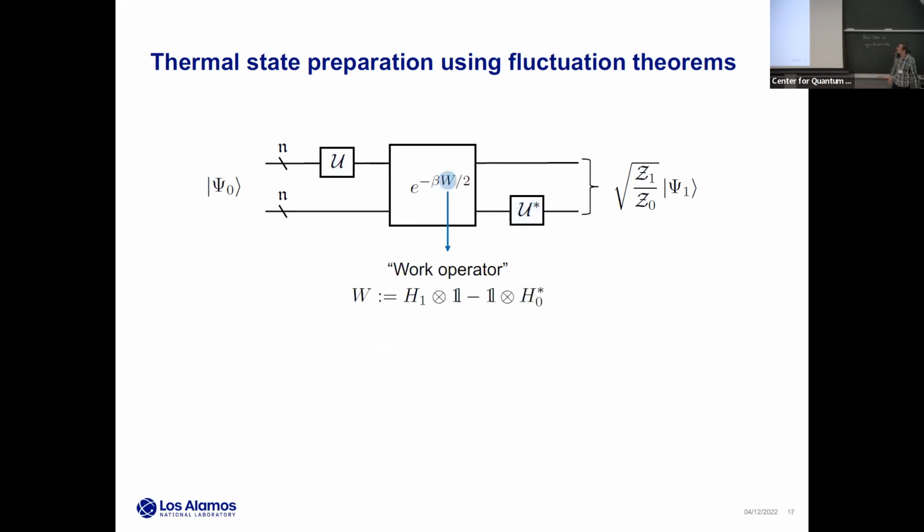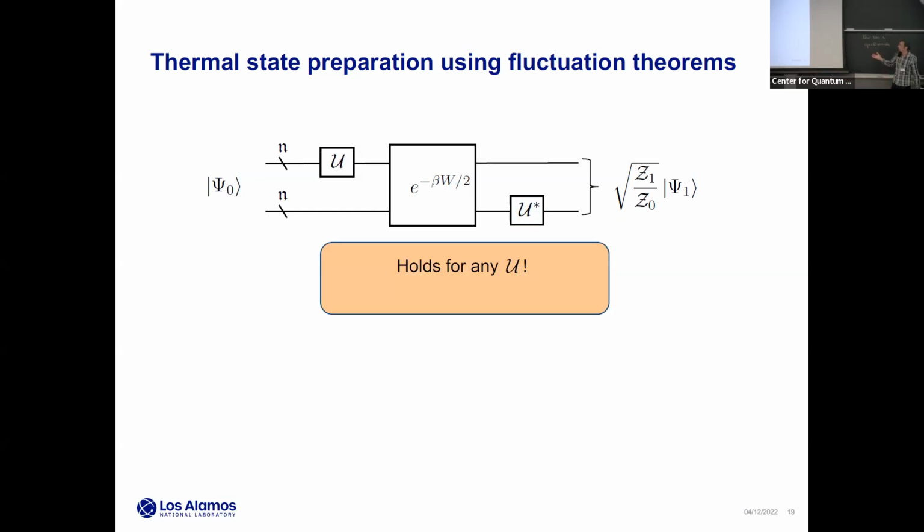Then we act on both registers with an exponentiated work operator, where the work operator is defined as the difference between H1 and H0, except H1 and H0 act on the two different copies, and H0 has a complex conjugation on it. And at the end of the protocol, we apply U star, the conjugate of the unitary, again. And what we get at the end is the purification of the target Hamiltonian thermal state.